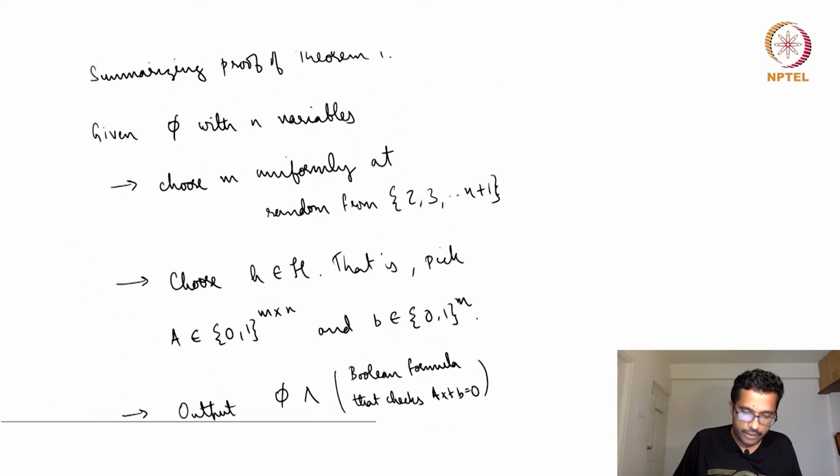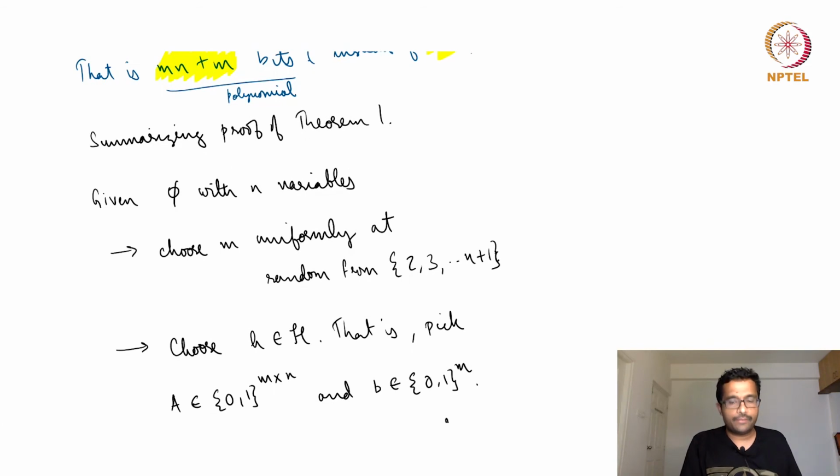So given a formula phi, we first choose m uniformly at random from the range 2, 3 up to n plus 1. Once we choose m, we now know what m is. Now we choose a function h from the pairwise independent hash family of functions.